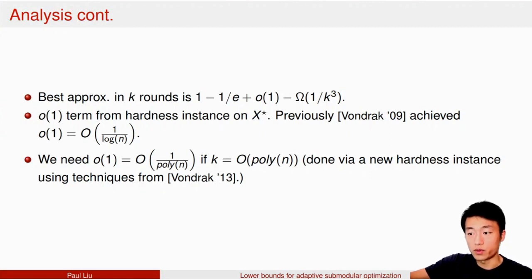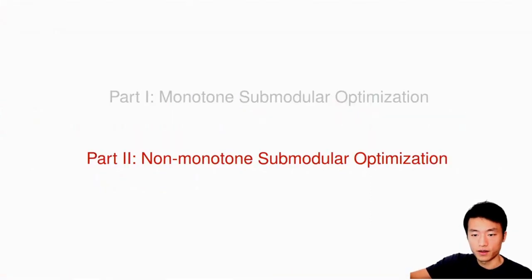In this paper, we also found a new hardness instance that has the required 1 over poly n little o of 1 factor using similar techniques from Yan's paper in 2013. That sums up the lower bound for the constrained monotone case.